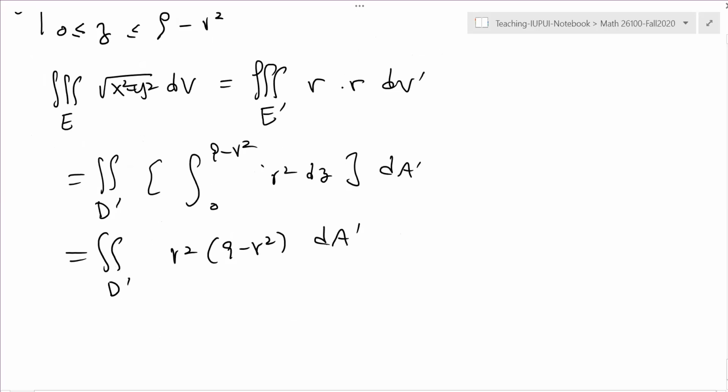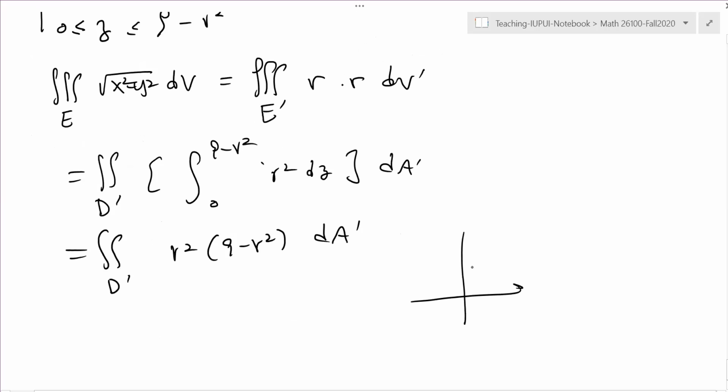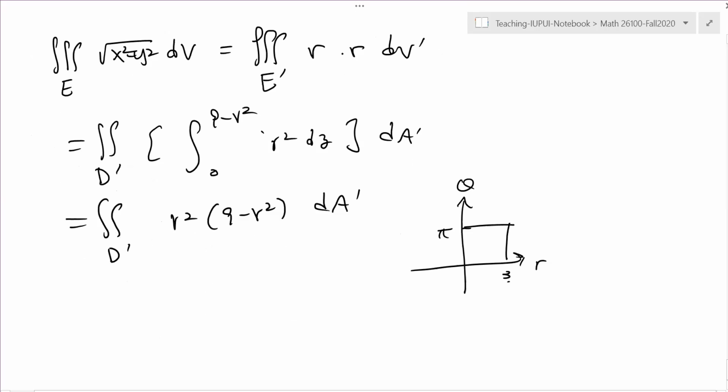Now we are not on a semicircle, it's actually on a rectangle. Here theta goes from 0 to pi, and r from 0 to 3. Let's do this. It's 9r squared minus r to the 4th, from 0 to pi and from 0 to 3.